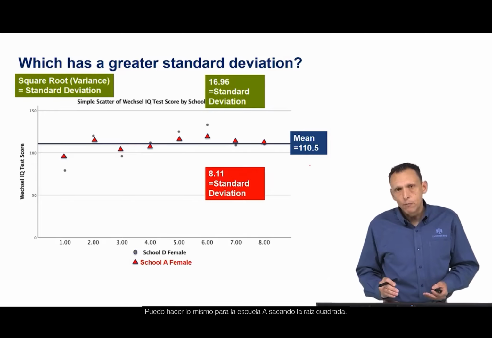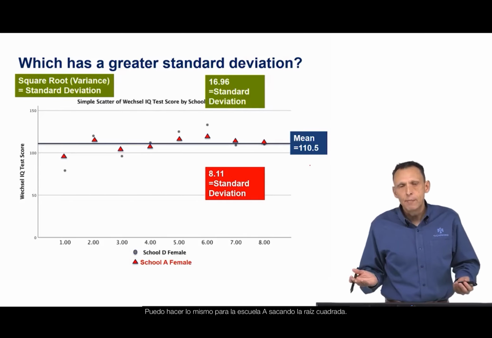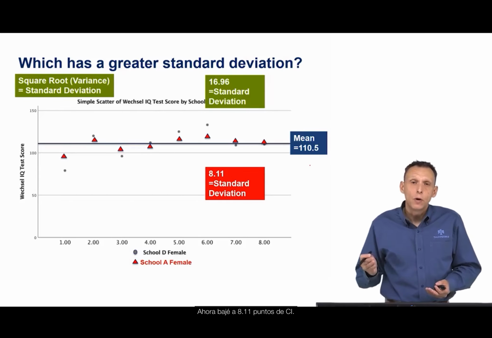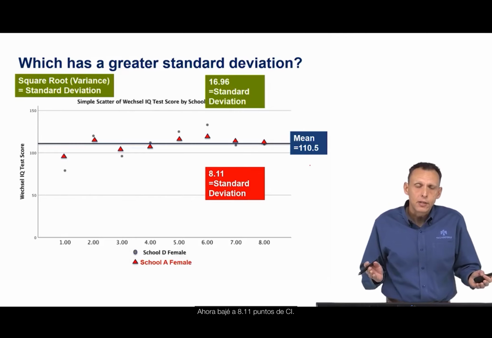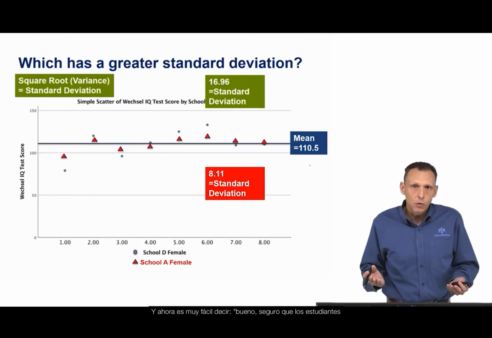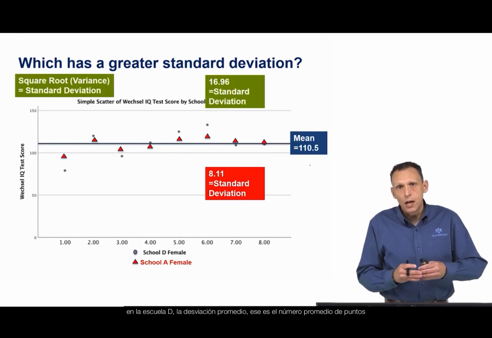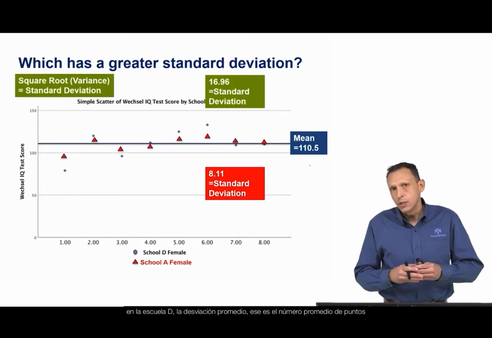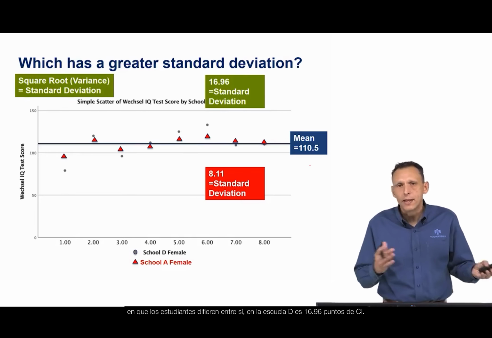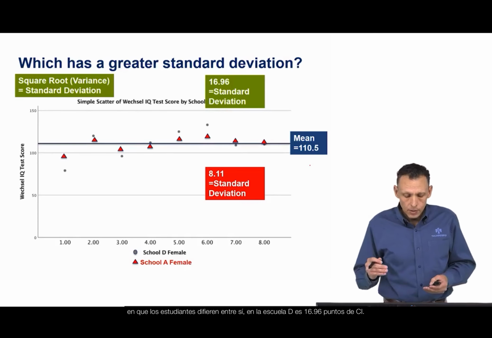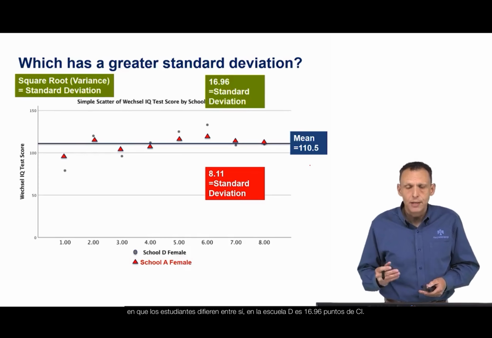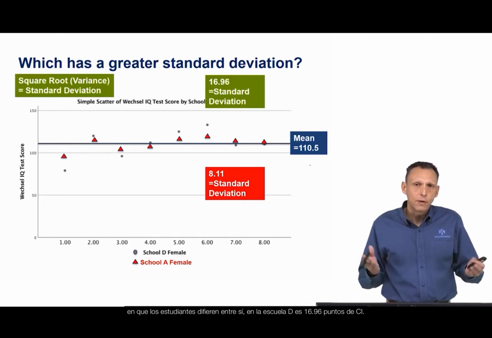I can do the same thing for school A by taking the square root. Now I'm down to 8.11 IQ points. And now it's very easy to say, well, sure, students in school D, the average deviation, that is the average number of points that the students differ from each other, in school D is 16.96 points of IQ.